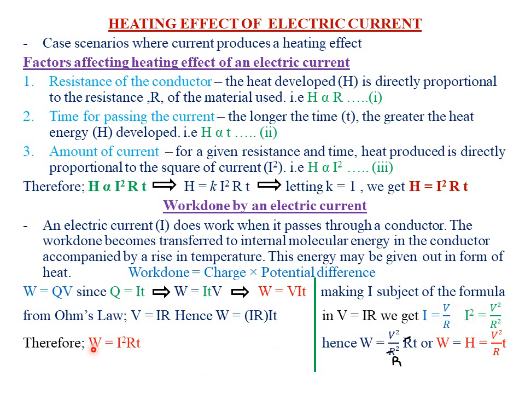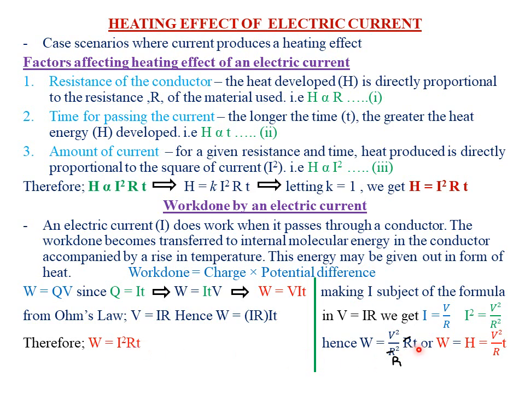So work done is equal to the current I, which is V over R. That simply means that I squared will be equal to V squared over R squared. Remember, V squared over R squared is simply the I squared. So this equation will become V squared over R squared multiplied by RT.